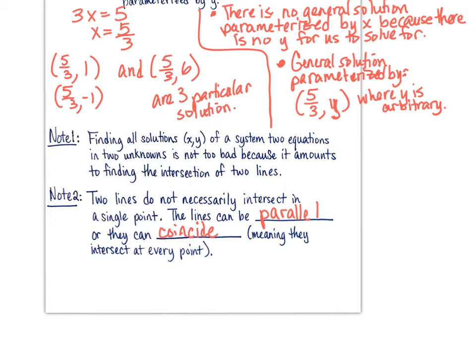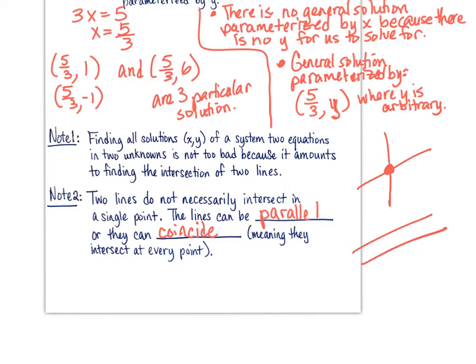So if you're finding the solution of a system of two equations and two unknowns, this boils down to finding the intersection of those two lines. However, you do have two other cases. So you may have lines that intersect. That would be your solution. You may have parallel lines.